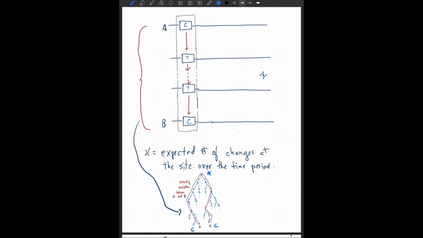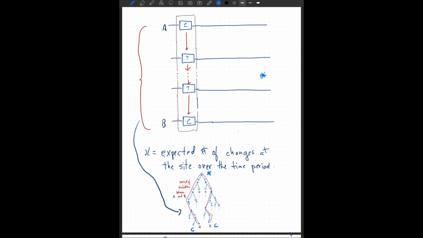Here the arrow of time is going this way, as we move upward from one leaf to the root, and then down from the root back to C. So I'm playing with time here.